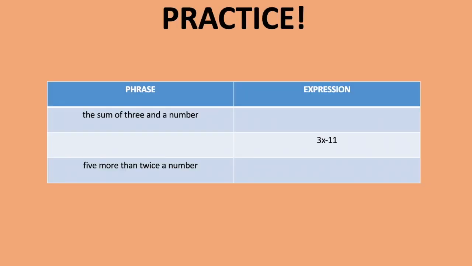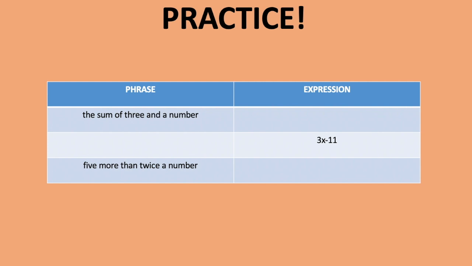Let's do some practice. In this table, we're going to fill in the empty cells. The first row has a phrase, and we're going to find the expression. The phrase is the sum of 3 and a number. From the chart that we just looked at, we know that sum means addition.